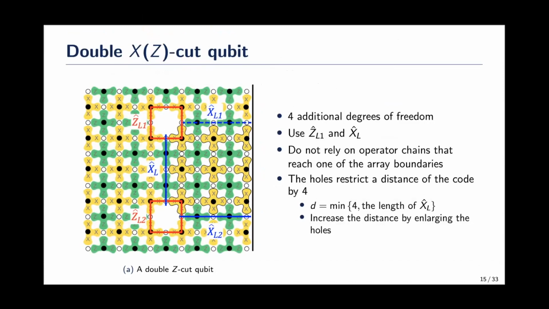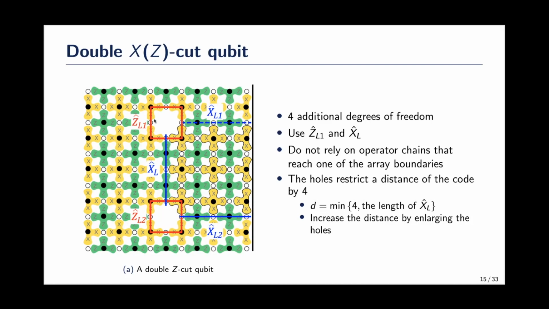One disadvantage of the single Z-cut qubit is that the hole relies on the boundary. With this double Z-cut qubit, we can create a logical qubit that is independent of the boundaries.